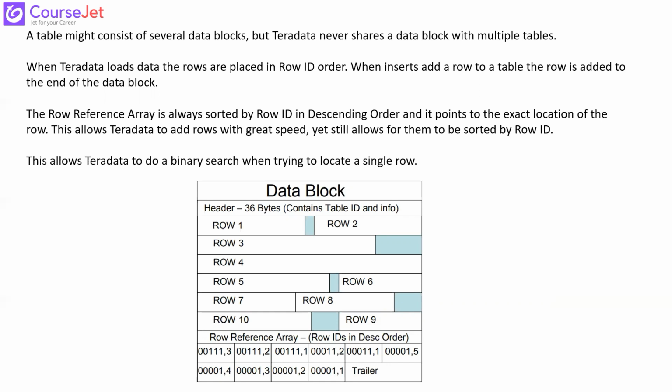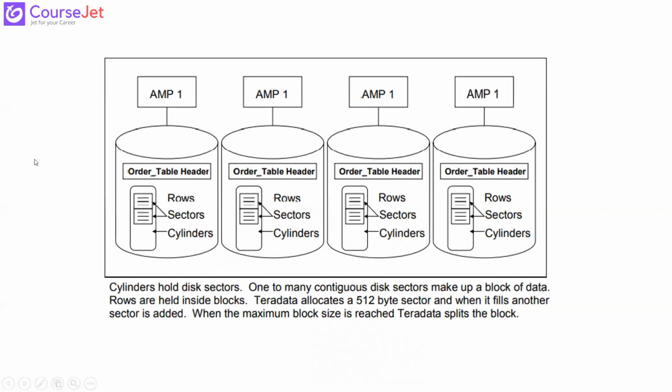They followed something like a shared nothing architecture in Teradata, no? The shared nothing architecture is for physical entities like your RAM, CPU, or disk drive. When it comes to the storage part, suppose we have this data block. This data block will be allocated only for this order table.